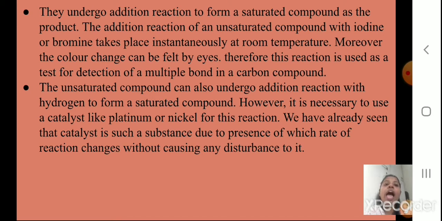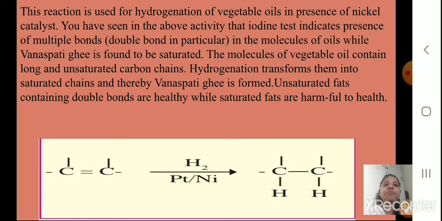I hope this part is clear to you. Simple addition reaction is used so that unsaturated compounds can be converted into saturated compounds. This reaction is used for hydrogenation of vegetable oils in the presence of a nickel catalyst.